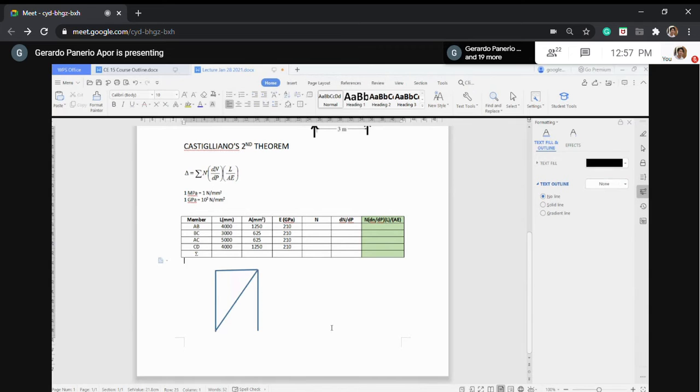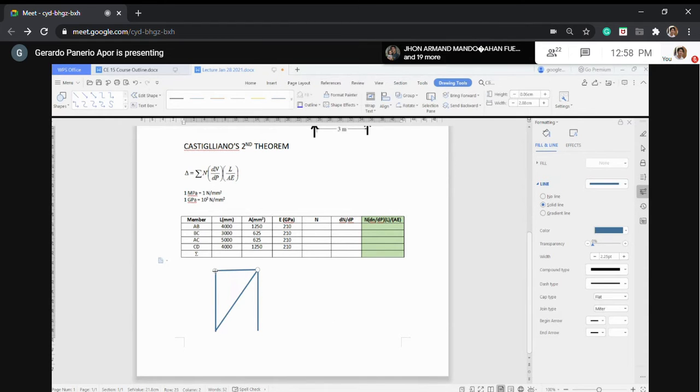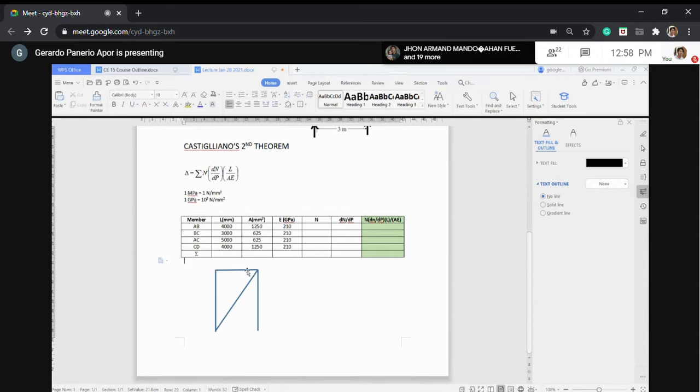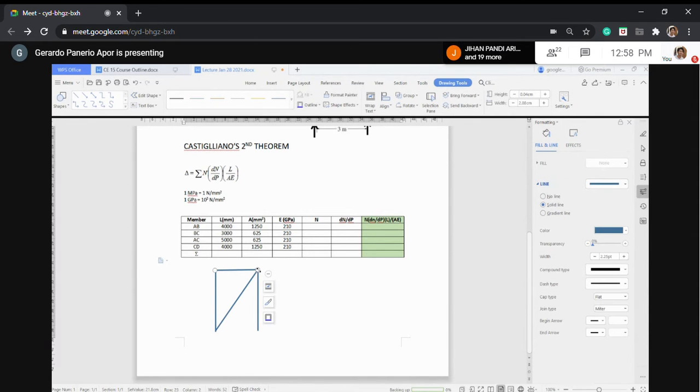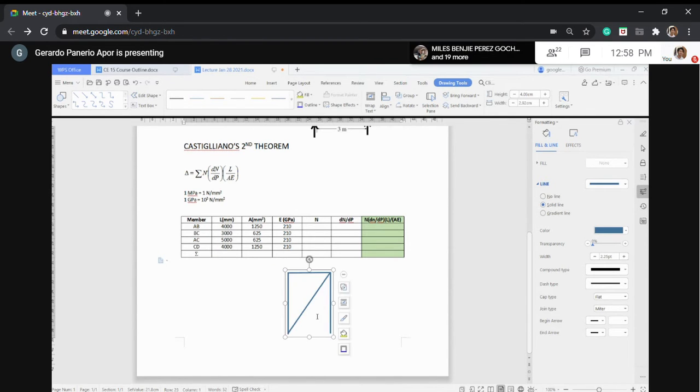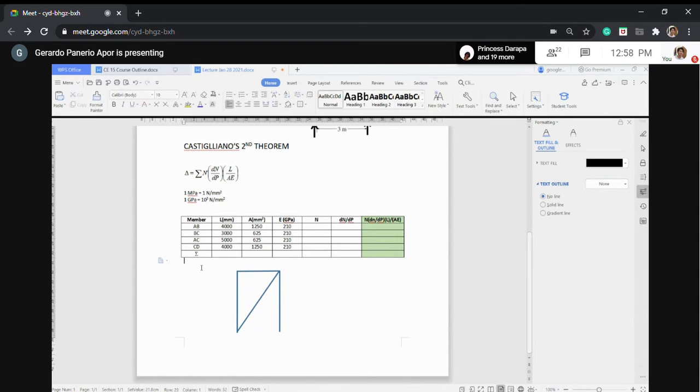Then maybe I'm going to join all of them. I will group it. Then this one also, the third, the fourth, then group. So that if I drag it, it is still one. Okay, that's good. That's all.